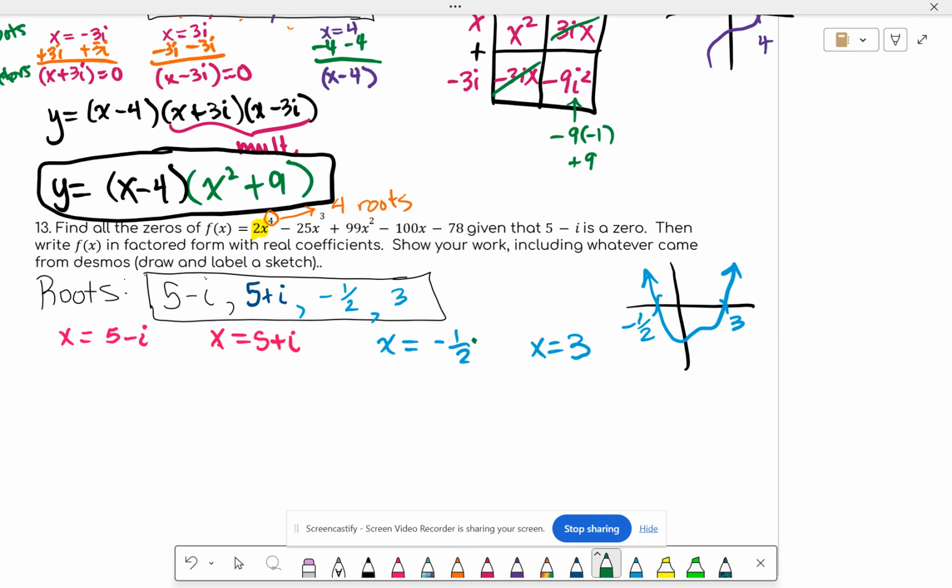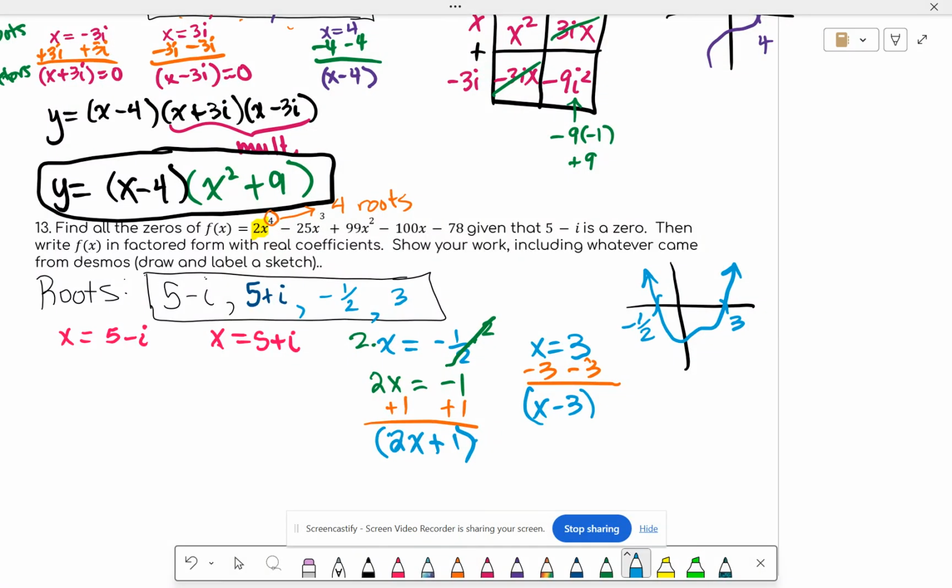And this fraction is what's going to give us that 2 because I need to multiply both sides by 2 to get everything on one side because I don't want to have a decimal or fraction in my factor. And so I end up with a factor of 2x plus 1. And then my other real factor, or factor from my real root, is x minus 3.